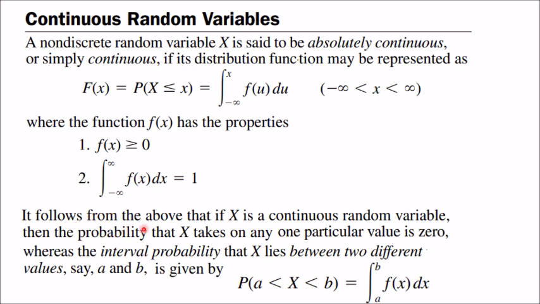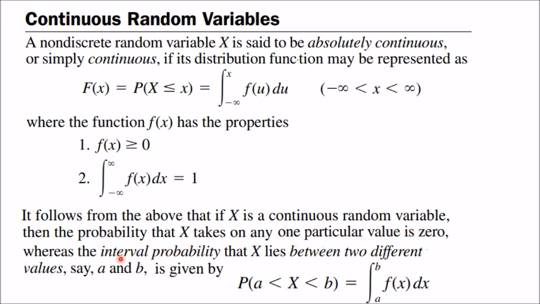Now, it follows from the above that if x is continuous random variable, then the probability that x takes on any one particular value is 0. O yun nga ang sabi ko kanina. Yung dito sa continuous, yung value ng x dito ay naka-range, from this point up to that point. Hindi pwede yung exacto. Kasi kapag exacto daw, yung ikukunin mong value dito sa continuous, then the probability of that is 0. Ayan, nakalagay dyan.